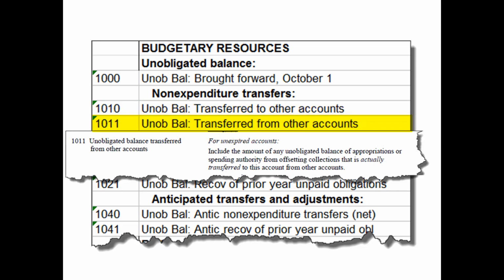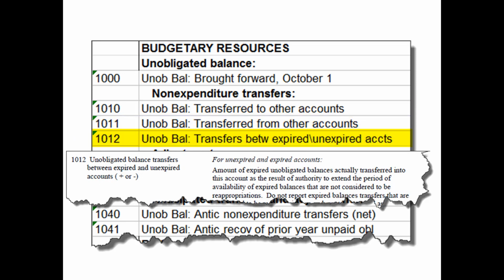Line 1011 is defined as the amount of any unobligated balance of appropriations or spending authority from offsetting collections that is actually transferred to this account from other accounts. Since this line reflects amounts transferred into your account, it would be positive. Note, lines 1010 and 1011 are only used if you're preparing an apportionment after a transfer has already been made. Do not use these lines before a transfer has taken place. We'll discuss anticipated transfers when we get to line 1040.